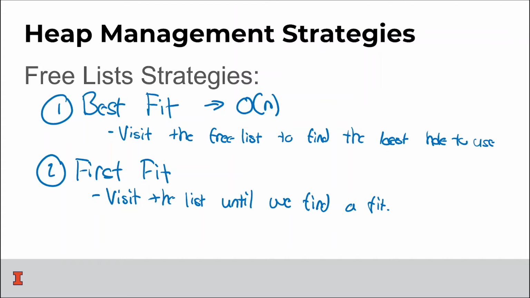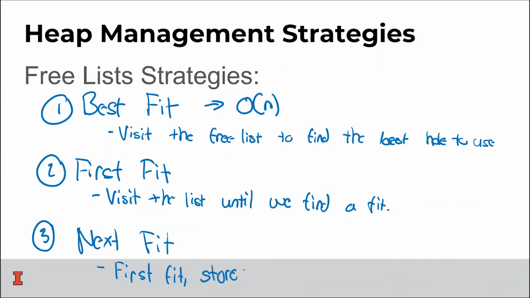So one problem to avoid is this idea that we're always finding these big chunks at the beginning and making them smaller. There's a third strategy that's actually commonly used, and it's called next fit. This is basically first fit, but it stores the pointer of the previous search.